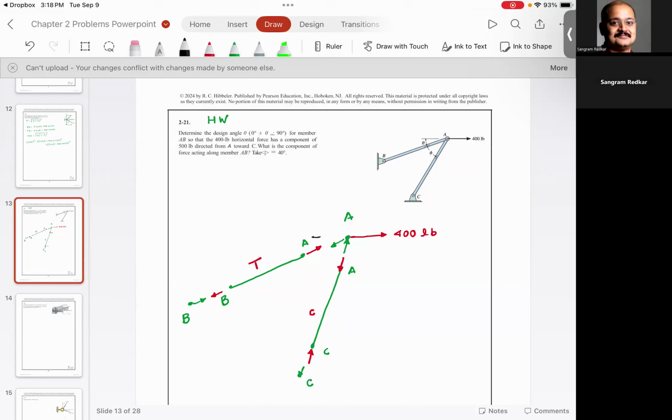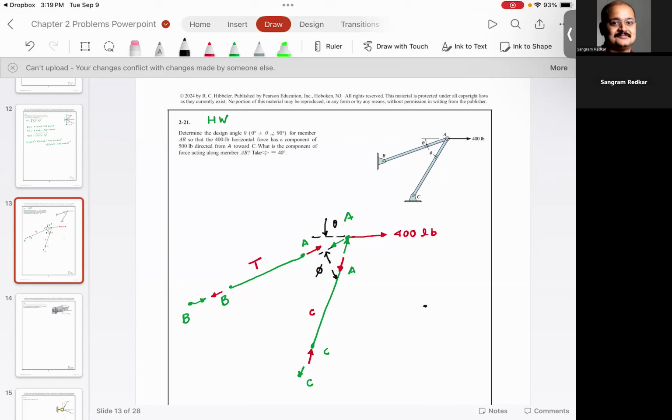To solve this problem, once again, you have to set up the coordinate system. This angle is theta, and this angle is phi. There is a little trick.